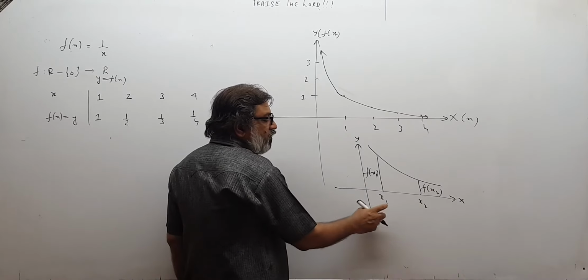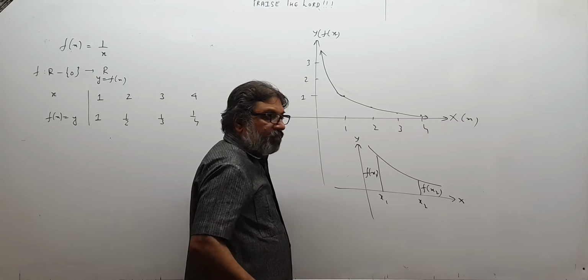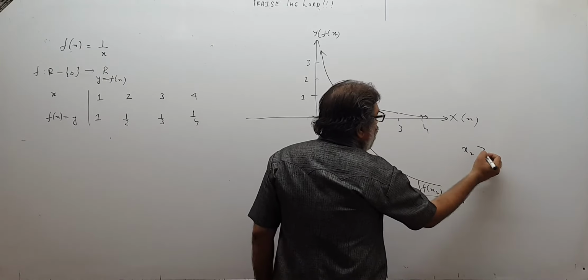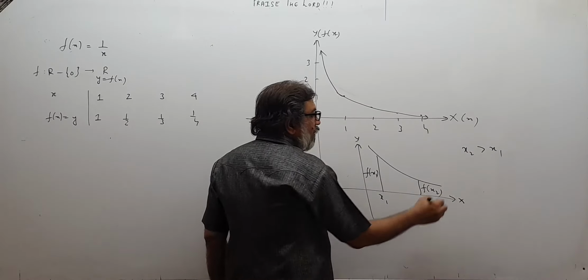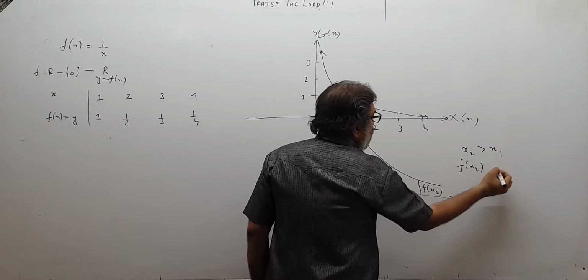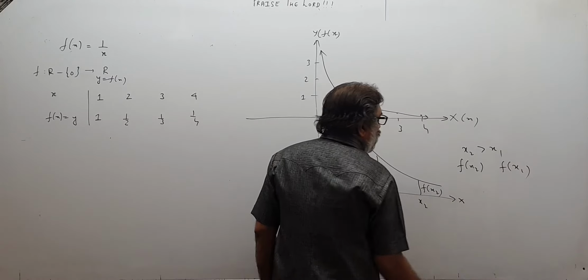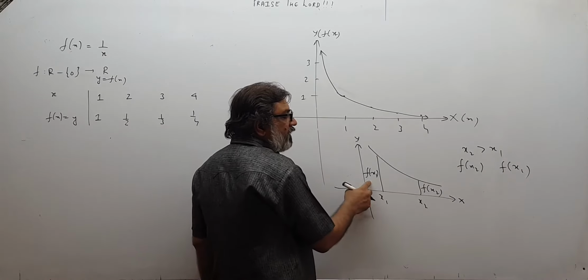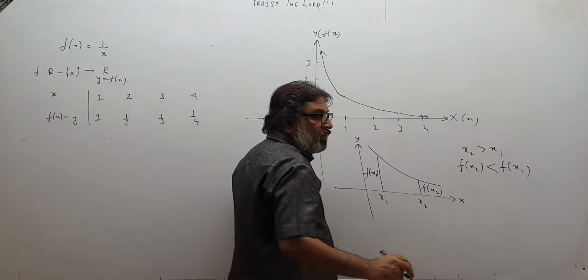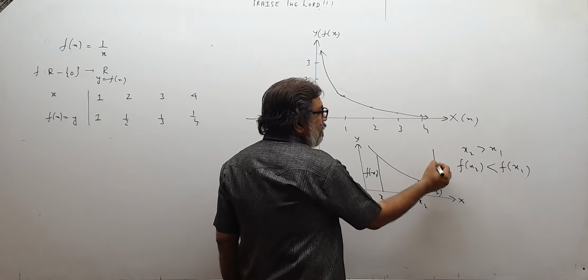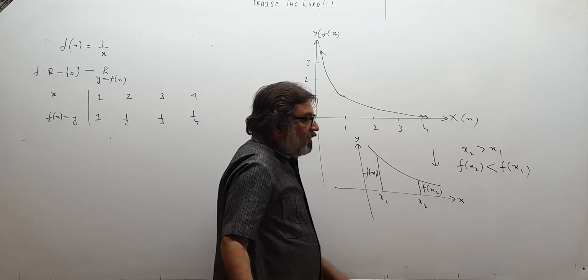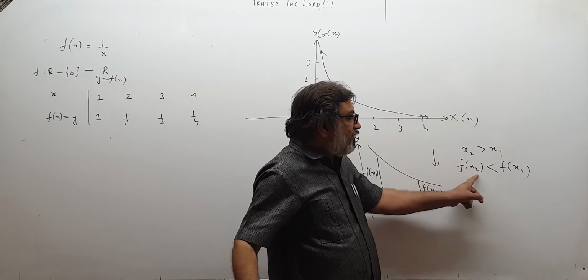I can see x2 is more than x1, the number on the right will be bigger. So what do you think for f(x2) and f(x1)? f(x2) is smaller, f(x1) is bigger, we can see that. So for a decreasing function, x2 more than x1 implies f(x2) less than f(x1).